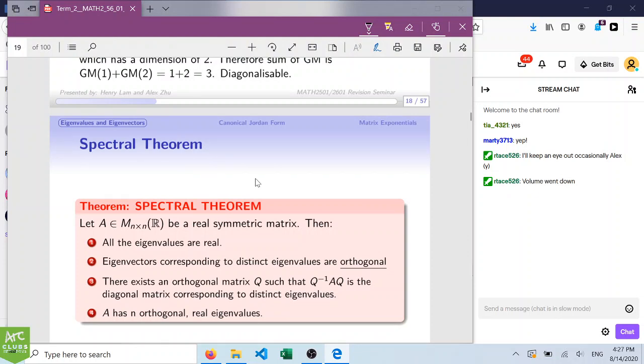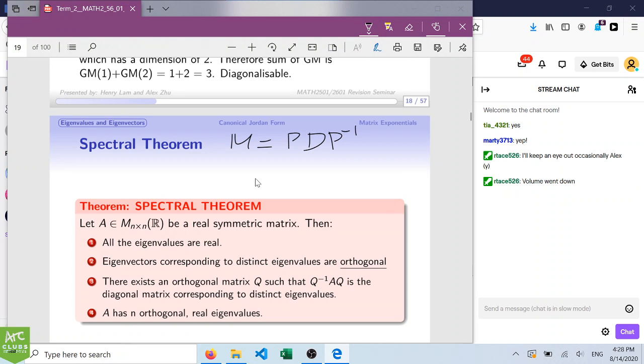If you have an ordinary matrix M and it's diagonalizable, you'll get P D P inverse, where P is the matrix of eigenvectors, D is the diagonal matrix with eigenvalues on the diagonal, and P inverse is just the eigenvector matrix inverse.